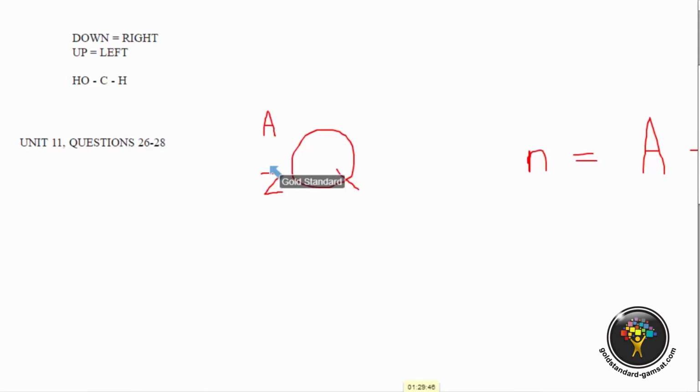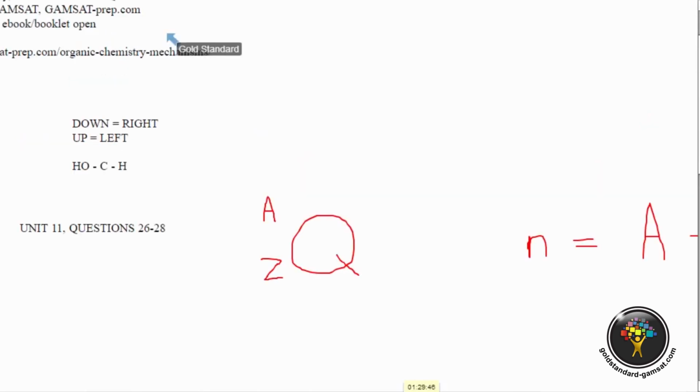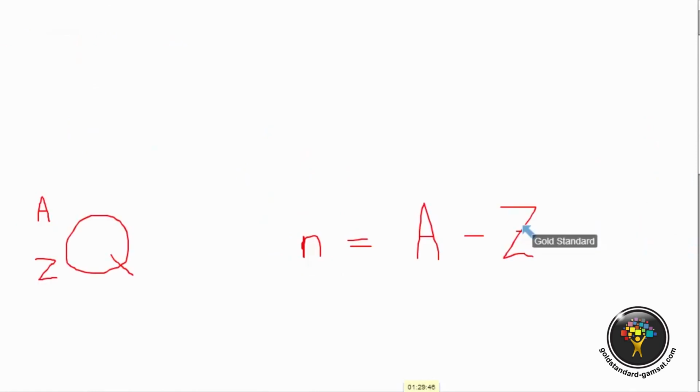Okay, someone's saying they're confused about question number 26. Could you be specific? What about question 26? Is it the hydrogen, the deuterium, the tritium? What is it? Well, first of all, ACER did not require you to memorize that these are isotopes. ACER did not require you to know that it's called deuterium or tritium.